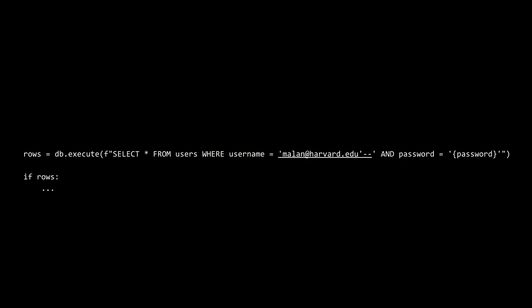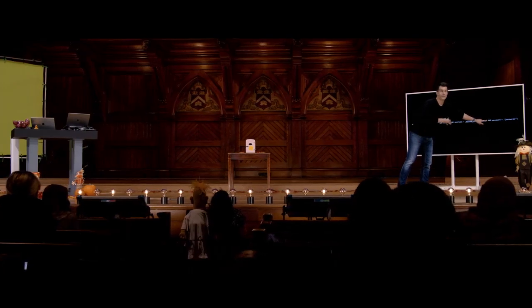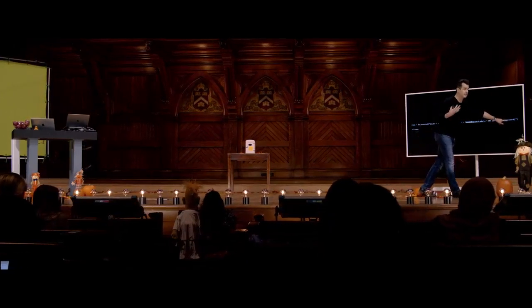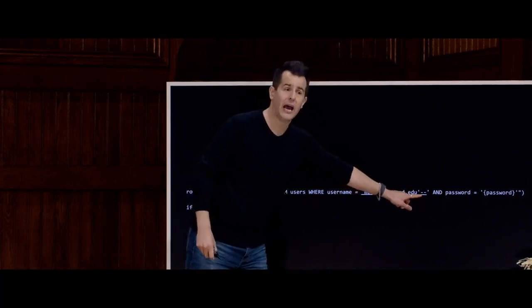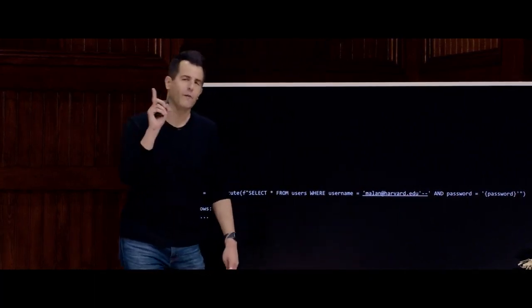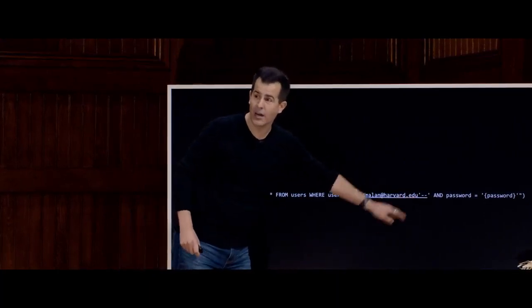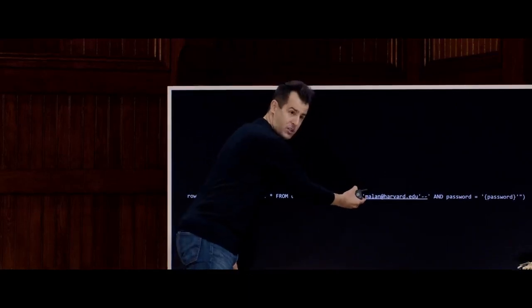What's the implication of the --? Everything to the right is going to be ignored. So the password is never even checked in this scenario. I'm tricking the server into ignoring everything after the --, but I have constructed very cleverly, very maliciously, a syntactically valid query. Why? Because I provided the single quote that's going to finish the thought of that first single quote.